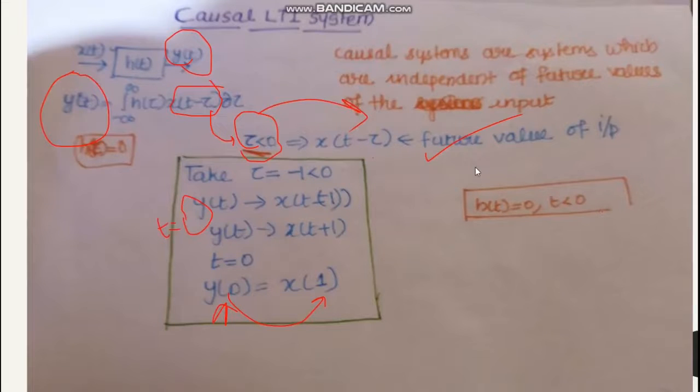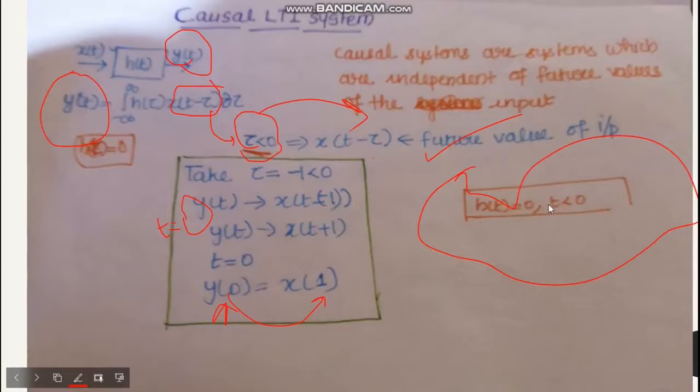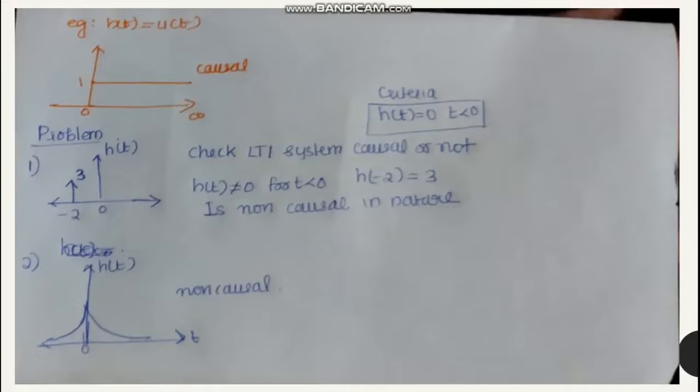So that is the criterion for a system to be causal: h of t equal to 0 for t less than 0. We can define causal signals as signals that exist from 0 to infinity.